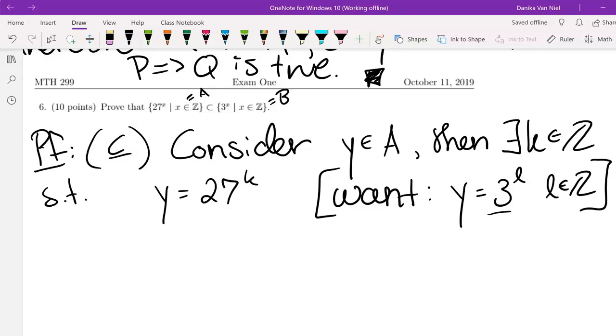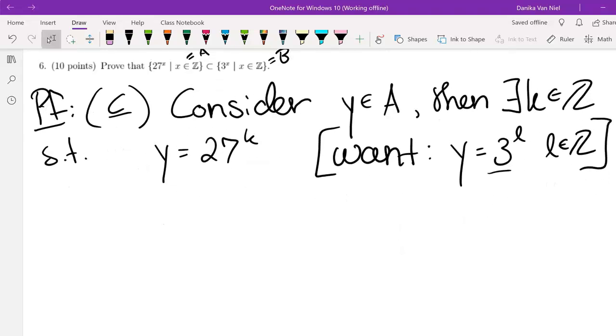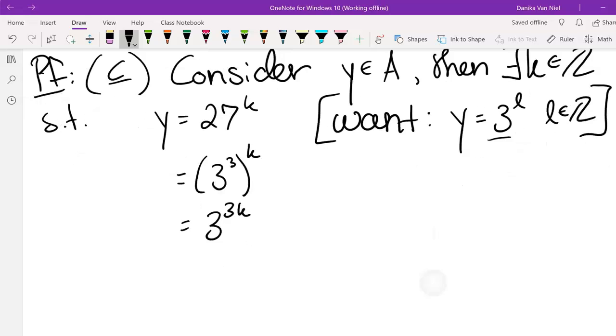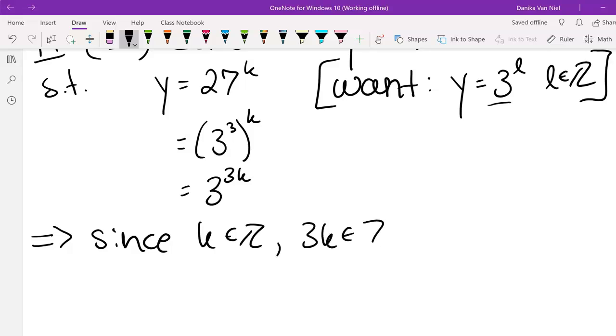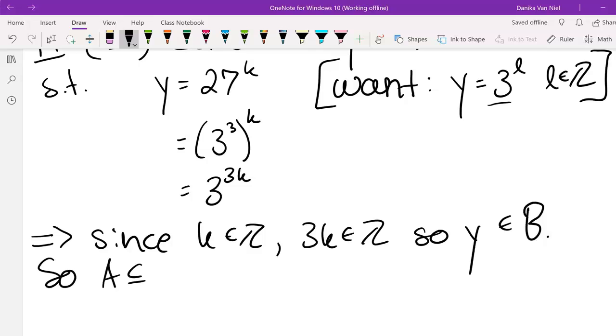Well, as you might have noticed, 27 is actually 3 cubed. Fun fact. So then that's just 3 to the 3k. Oh, awesome. Since k is in the integers, 3k is in the integers. So Y is an element in B. Boom, roasted. So A is a subset of B.